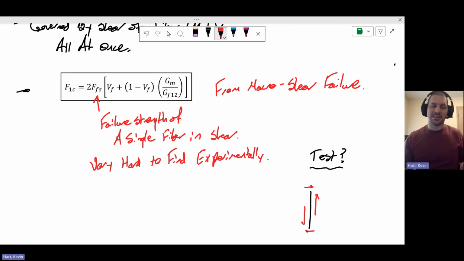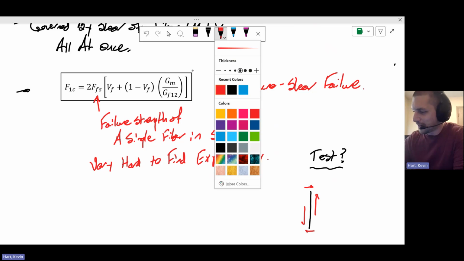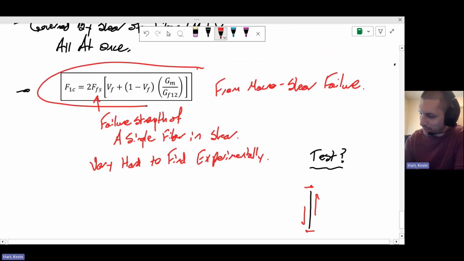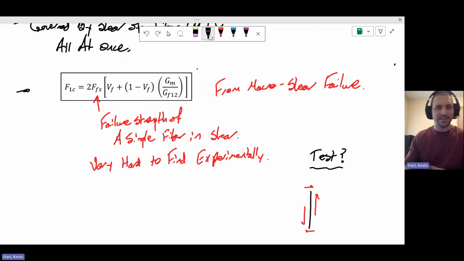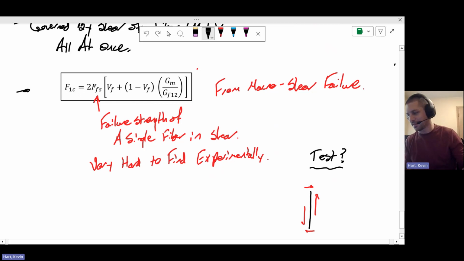And interestingly, one of the ways that the shear strength of single fibers is determined is by putting a composite into compression in the one direction and then backing out this value, which is kind of wild. And then it's like, well, what came first, the chicken or the egg? What do people understand better, F1C from shear fiber failure, or can people calculate shear fiber failure first and then get F1C? It's a chicken and egg problem.